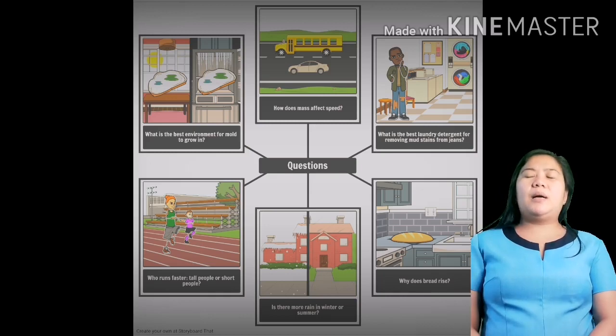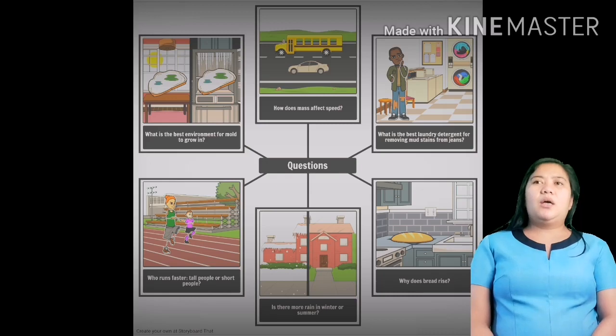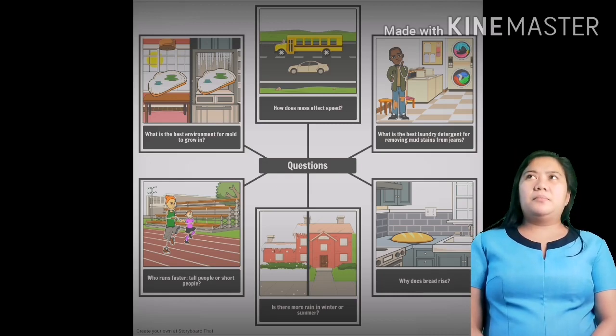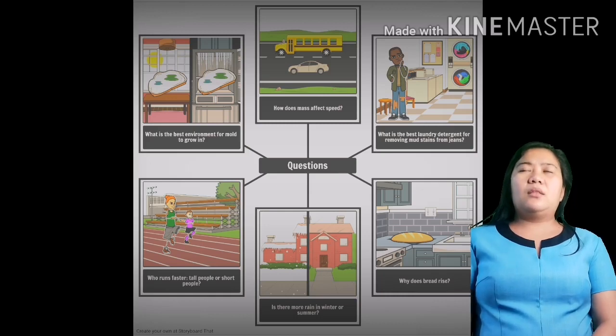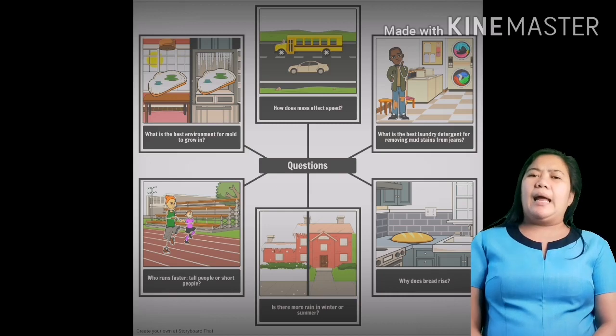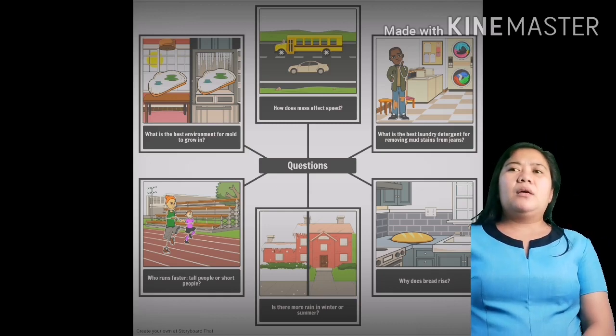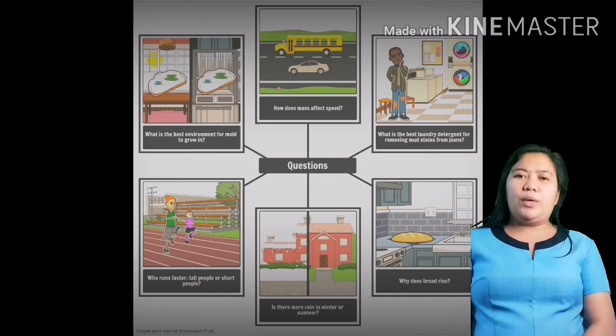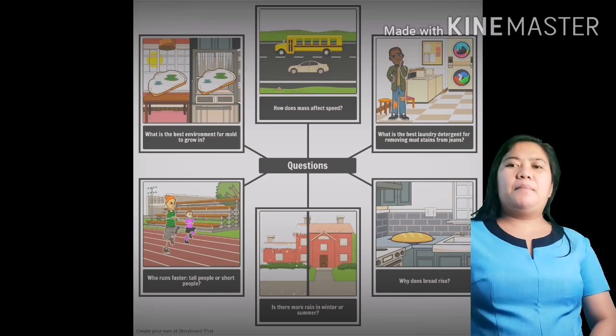So the moment a particular person or even a student tries to test the problem through experimentation and analyzing the data, then that person is already doing scientific method.